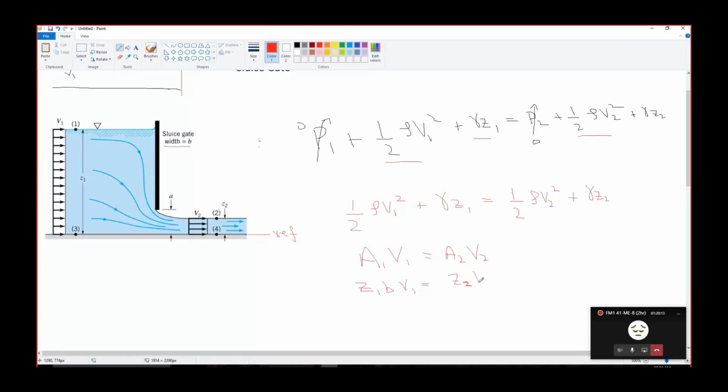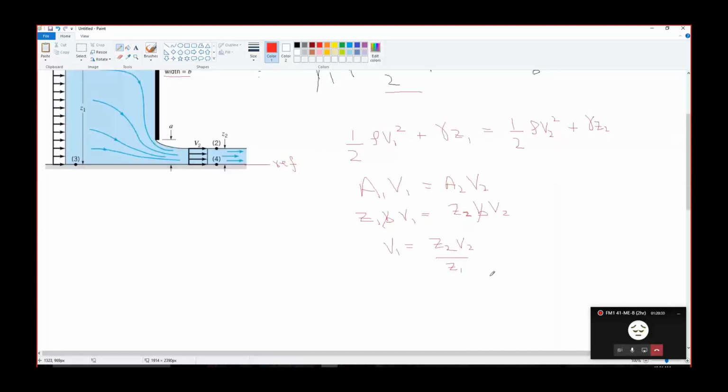If we use Z2 as reference, we will not need the contraction parameter. So we can write V1 equals Z2 V2 by Z1. Clear?